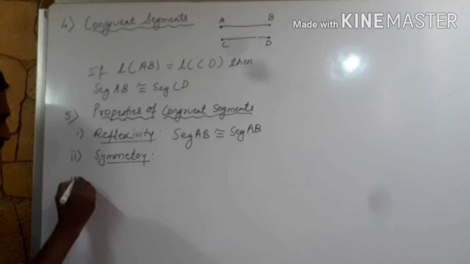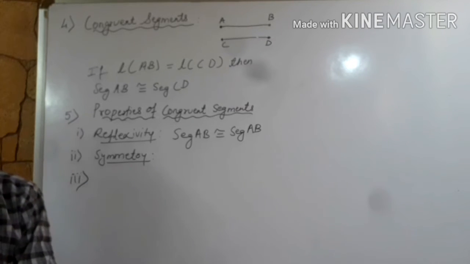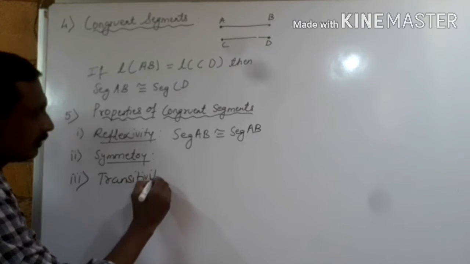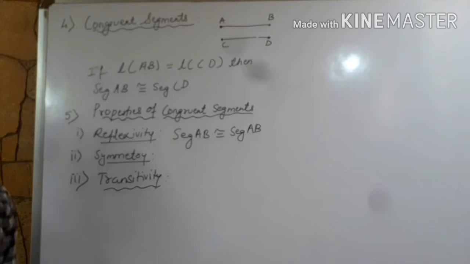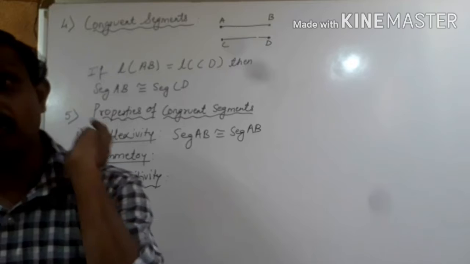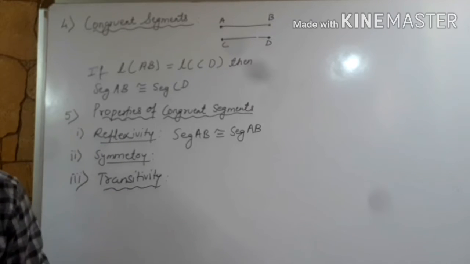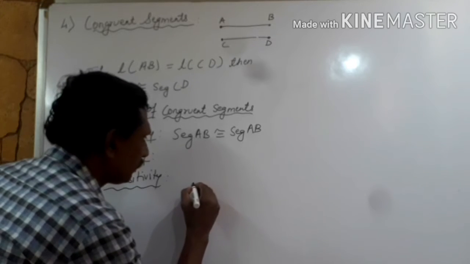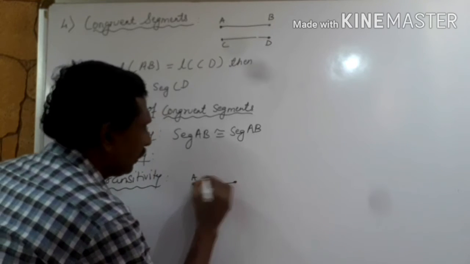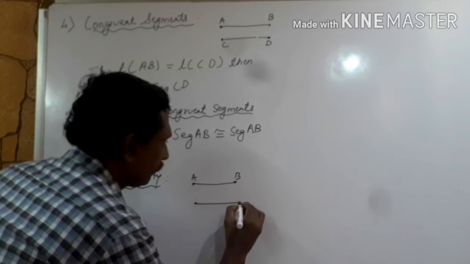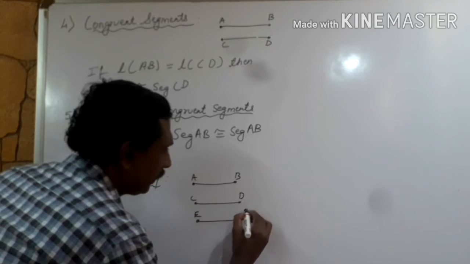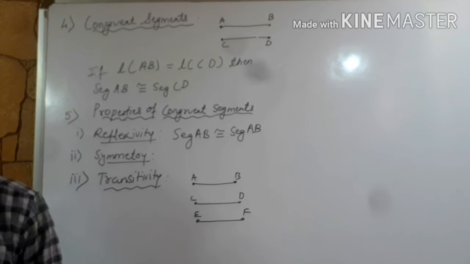Third is transitivity. Now let's see what happens in transitivity. Suppose we have three line segments: AB, CD, EF.